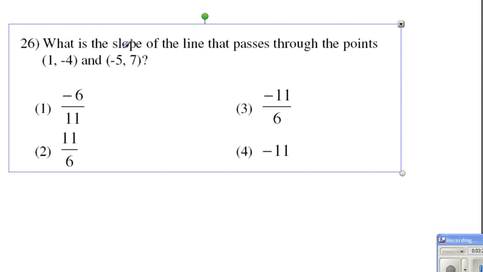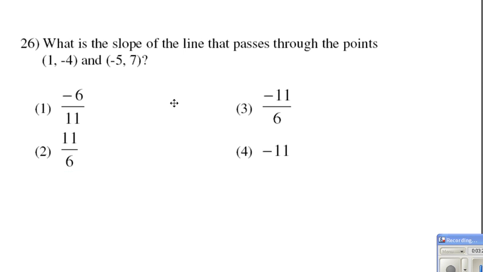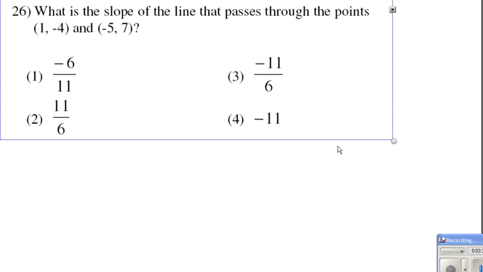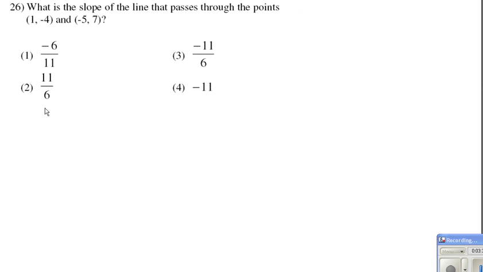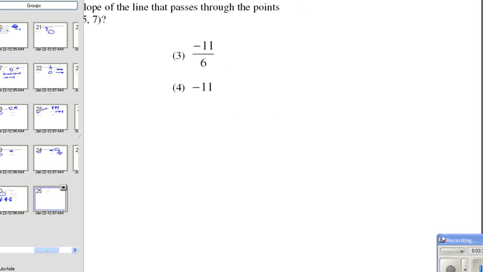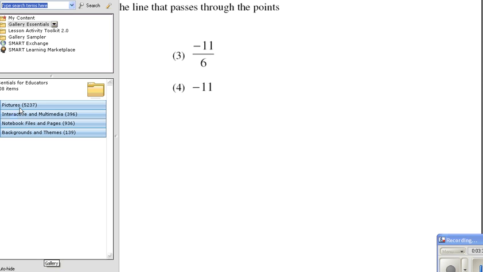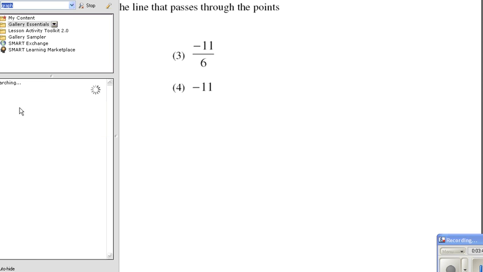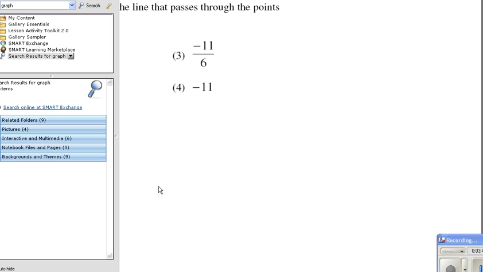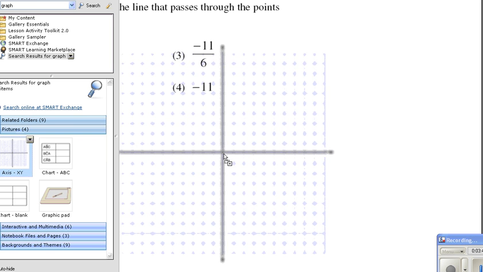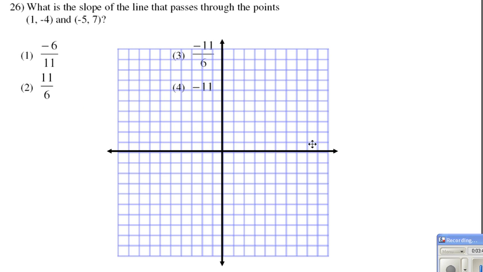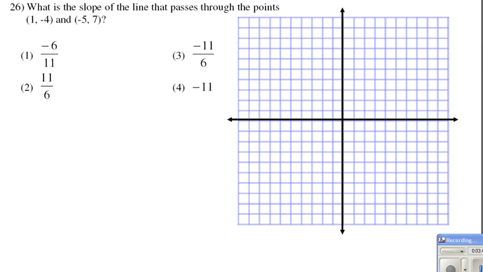Alright, number 26. The slope. Now, in this case, I'm going to try to get one thing here. We have 1 comma negative 4. It would have been right over there.